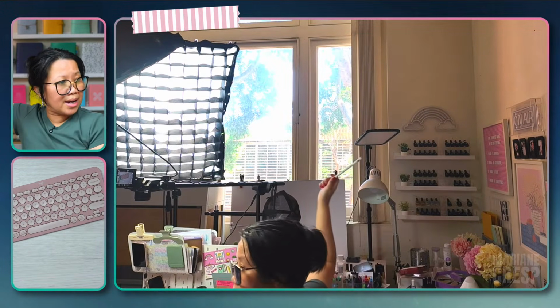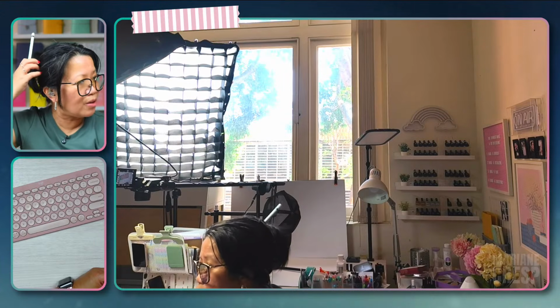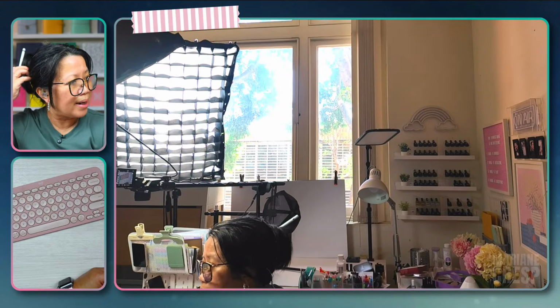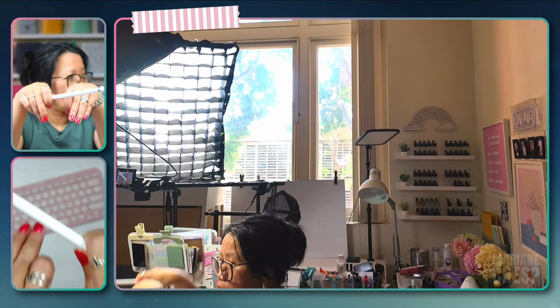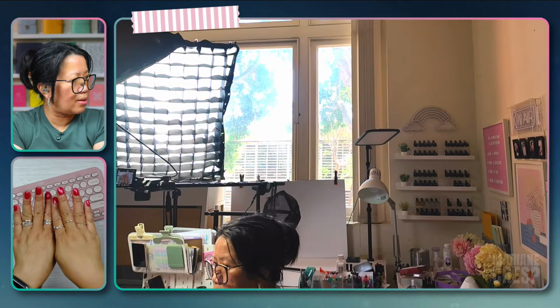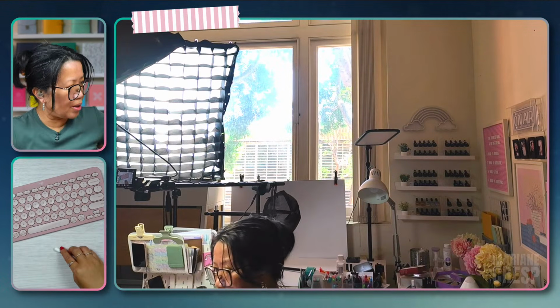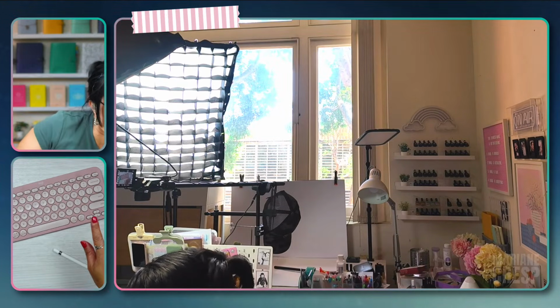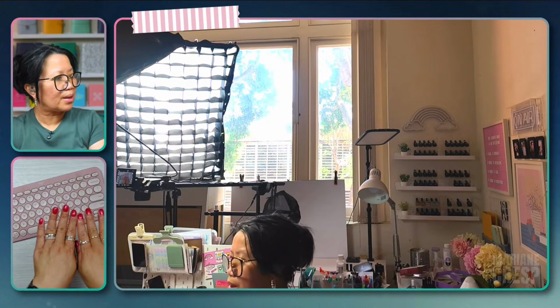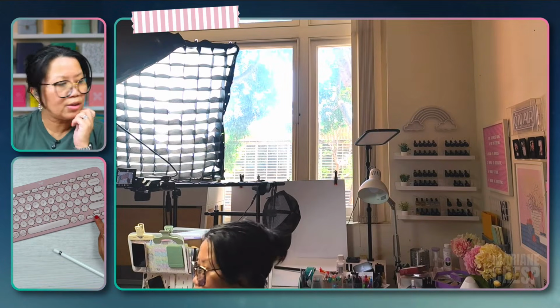So anyway, here, that's my little shelves of my gel nail polish that I use to do my nails. Because of course my hands and my nails are always on show, I have to make sure I have that.